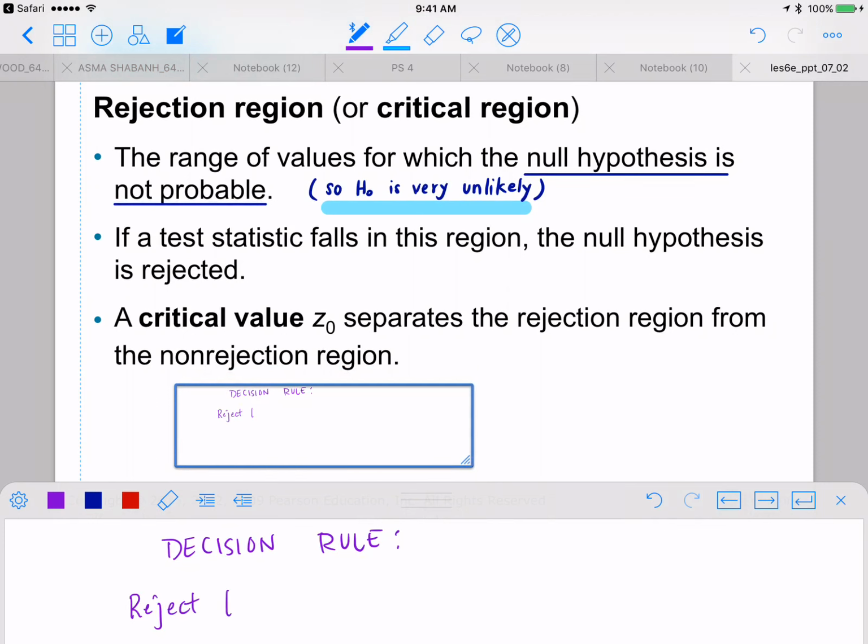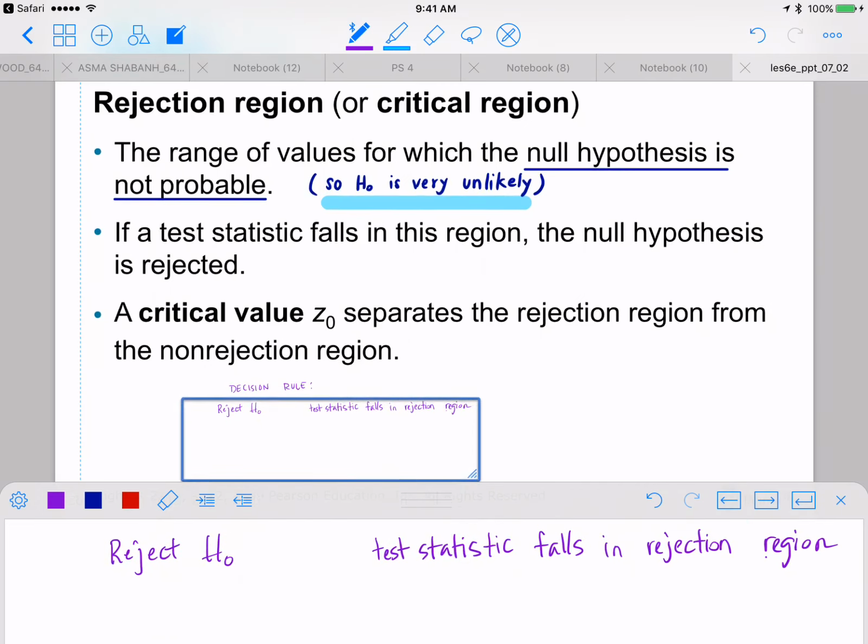Our new decision rule is reject H naught if test statistic falls in rejection region. I mean, it's pretty straightforward.